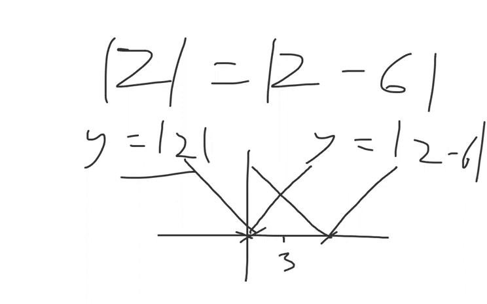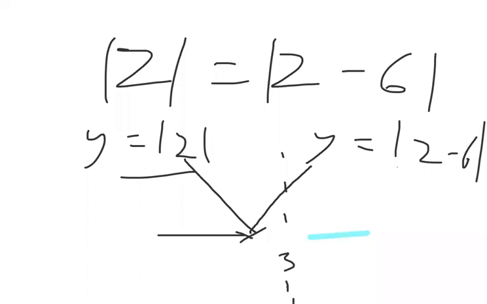So it's where these 2 lines cross, and they both cross at 3. And you can prove that algebraically, but I'm just going to explain it for this video. And there you have it.